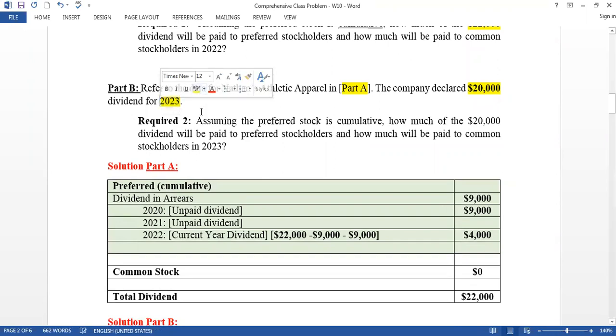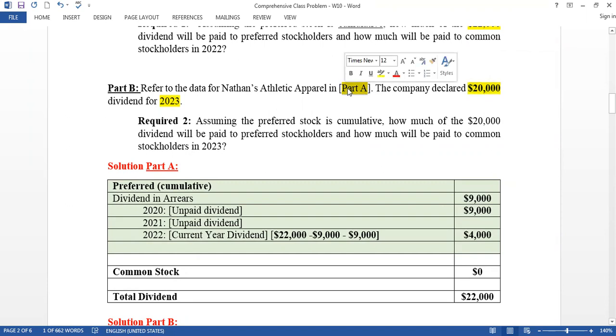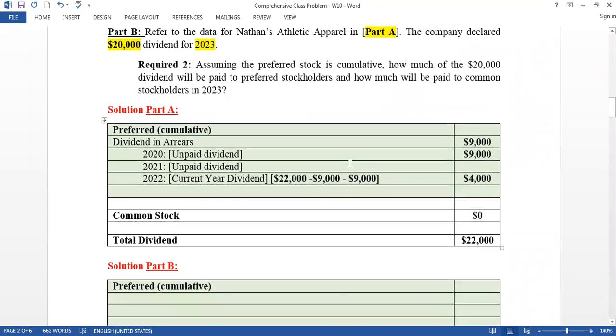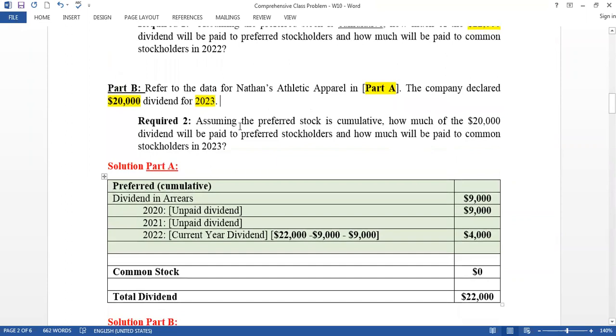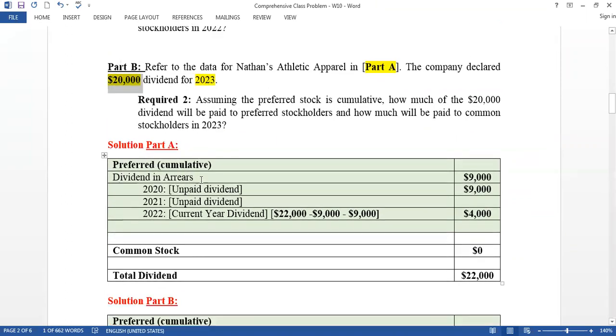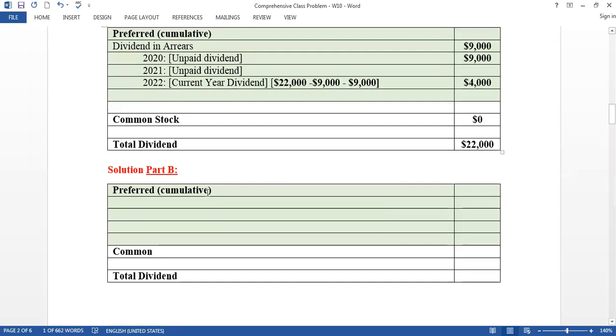There was a mistake earlier: 2020, 2021, and 2022 are the earlier years. So in the year 2023, the company declared $20,000 dividend. To distribute this dividend, you have to consider the data remaining from part A. Now, the total dividend is $20,000 for 2023. So we are now in part B.